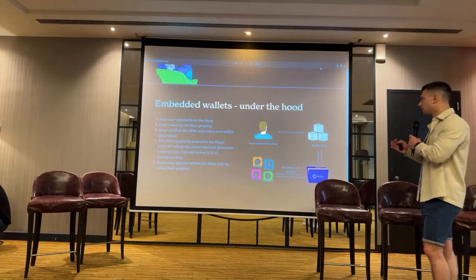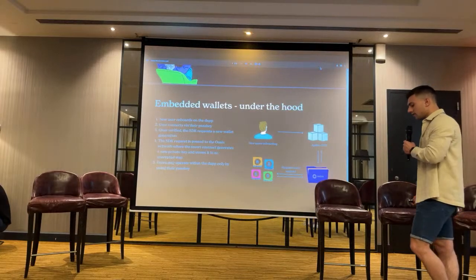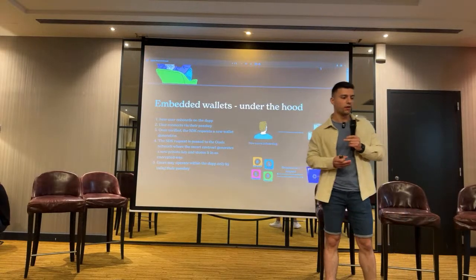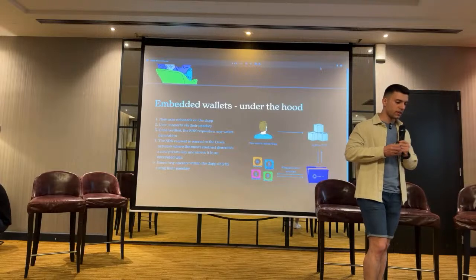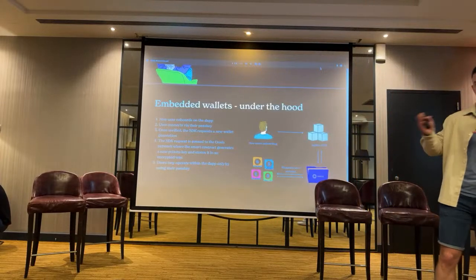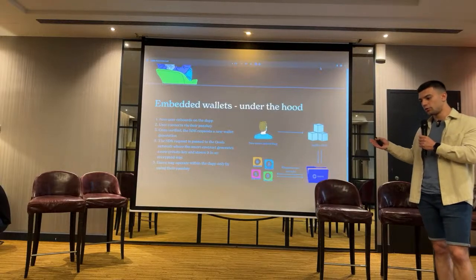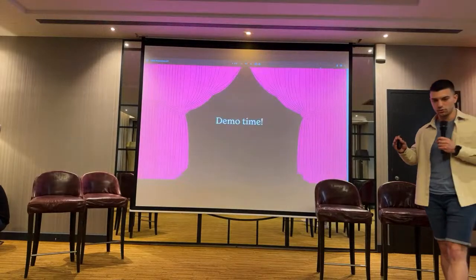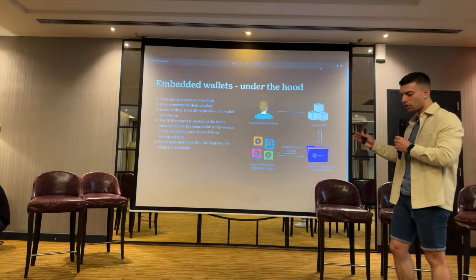Under the hood, how this works is like this. There's a transaction that you need to sign, let's say, on the dApp, and you need to send it to the blockchain. The transaction data gets created by the client, like usual. Then the transaction data gets sent to the smart contract belonging to your wallet.